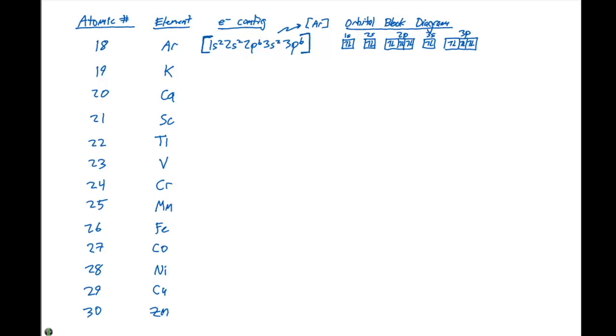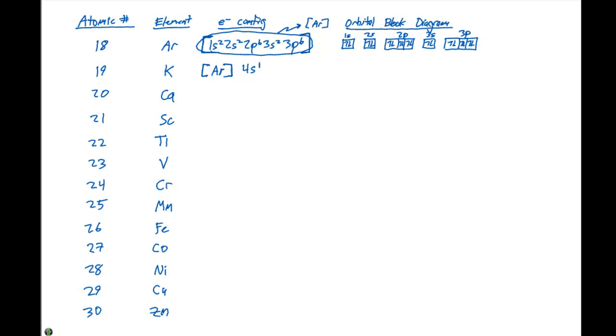So when I write out the electron configuration for potassium, I can say argon 4s1. That's going to say to other chemists, hey, we have 1s2, 2s2, 2p6, 3s2, 3p6, then 4s1. So rather than write out this entire electron configuration right here, I can simply represent that in brackets like this with argon.